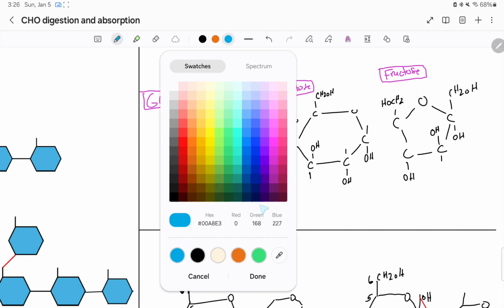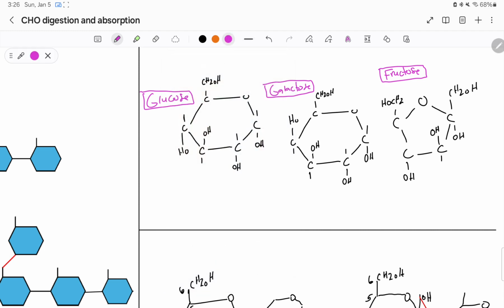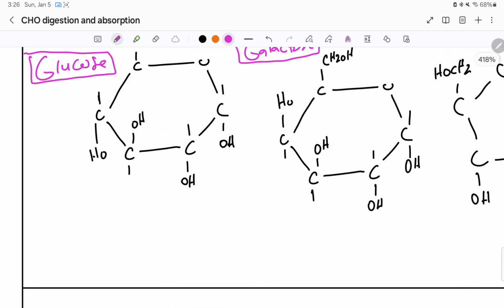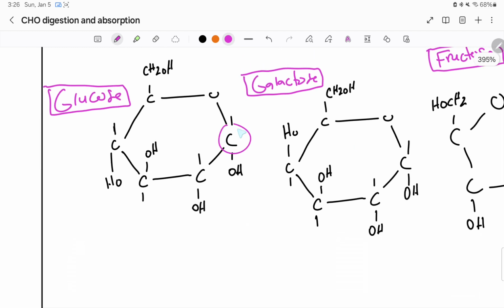So how do you know this is a 6-carbon sugar? Well, you can start counting, but there's a specific place where you start counting. You start at this carbon here: 1, then 2, 3, 4, 5, and 6. That's 6 carbons. It's the same for galactose: 1, 2, 3, 4, 5, 6.